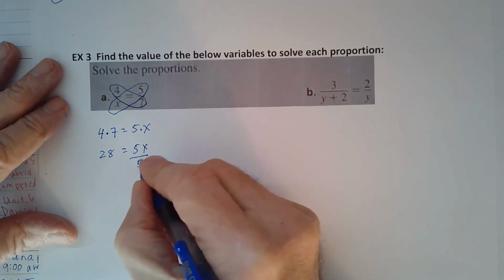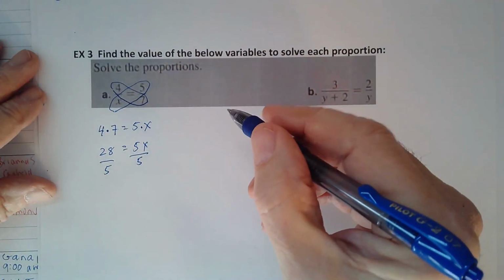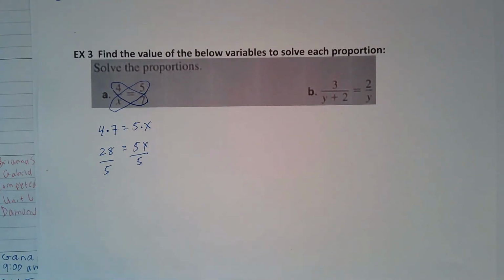Divide by 5, divide by 5, and let's see. So you got 28 over 5, okay? And that's all you really need to do to this.